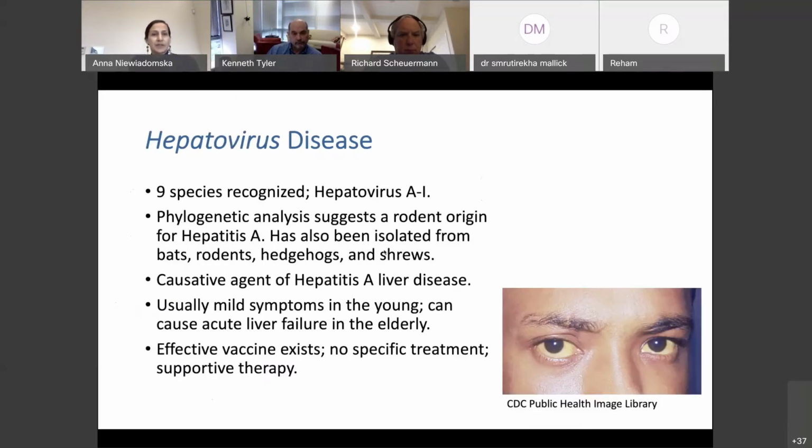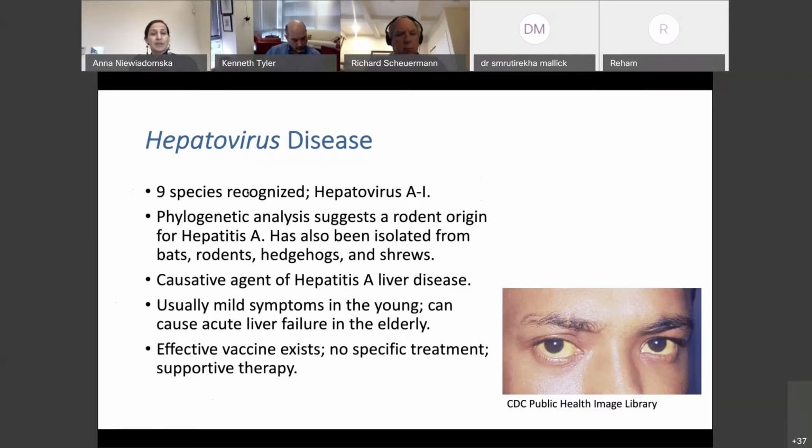So hepatovirus disease, this is also known as the causative agent for hepatitis A, which you can catch, if you haven't been vaccinated, from just contaminated food or water. And there are 9 species recognized, and they've been isolated from multiple different mammals.